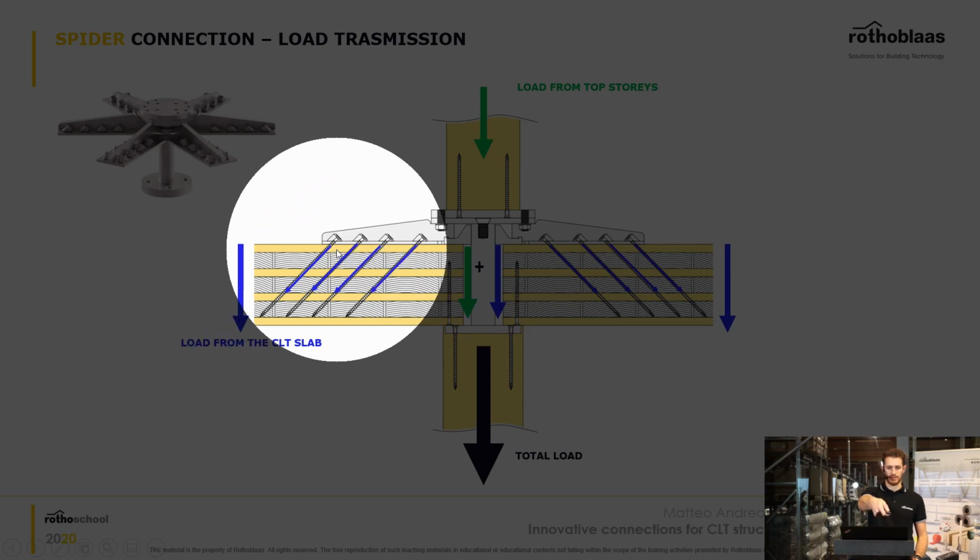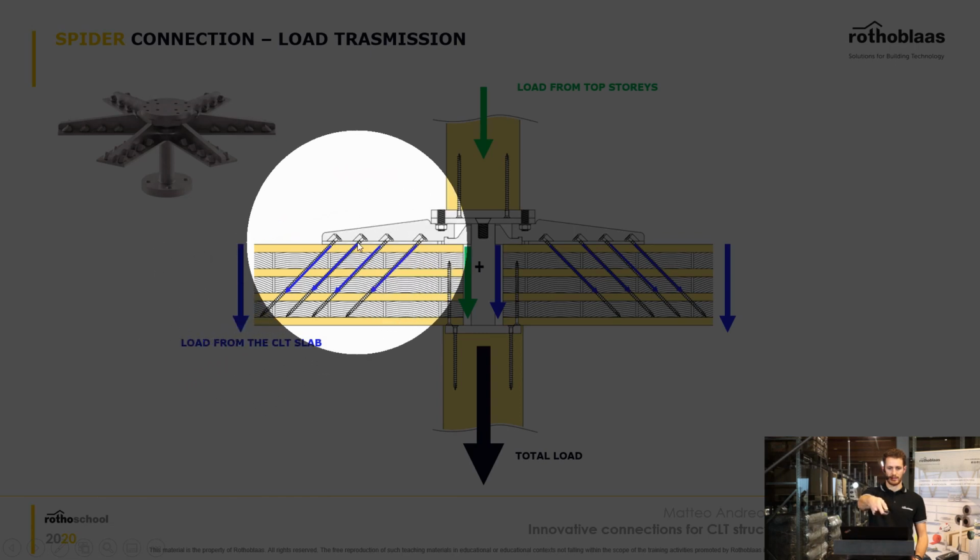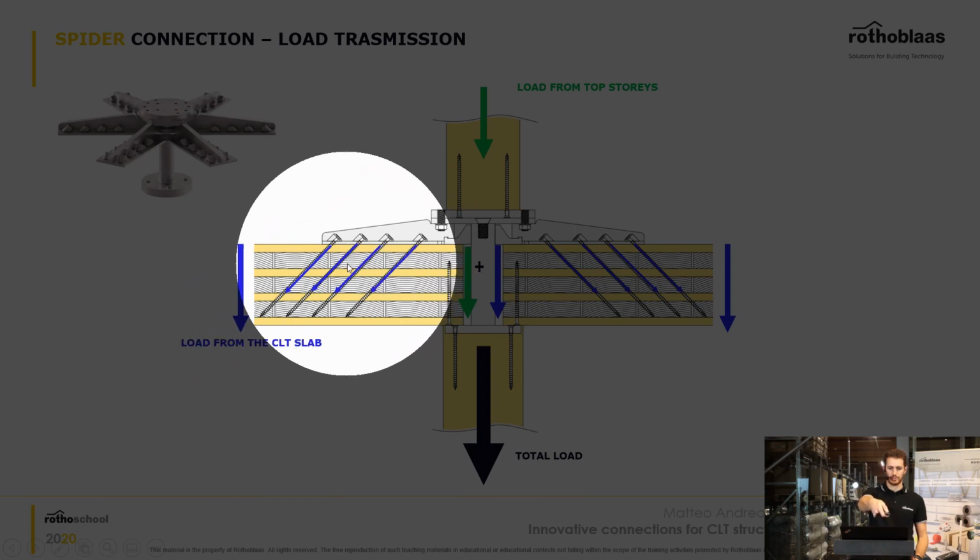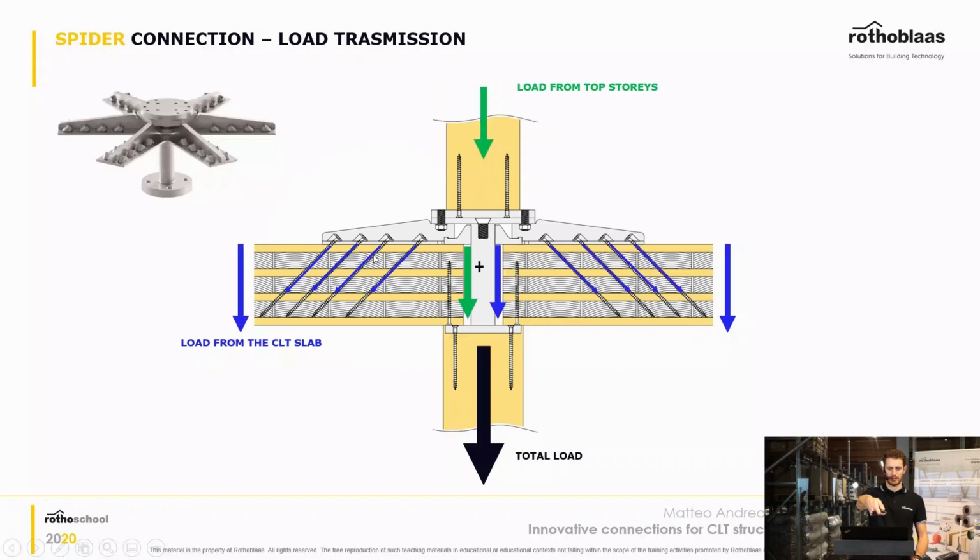You have, of course, these very long full threaded screws, which are attached to the CLT floor panel. And pretty much how this works is that your CLT floor panel is attached with these inclined screws to the arms of our spider connector.